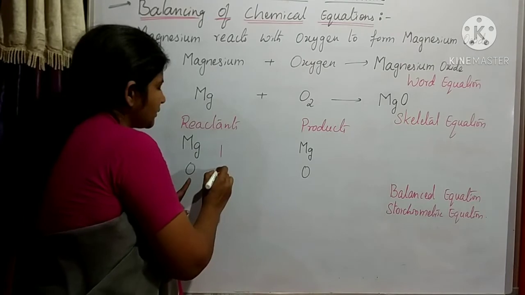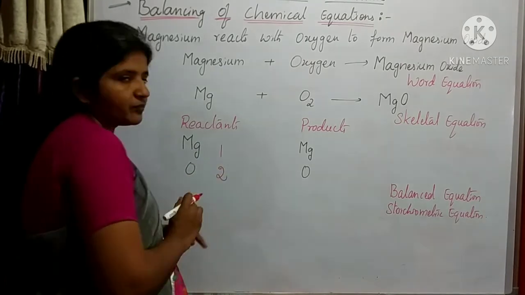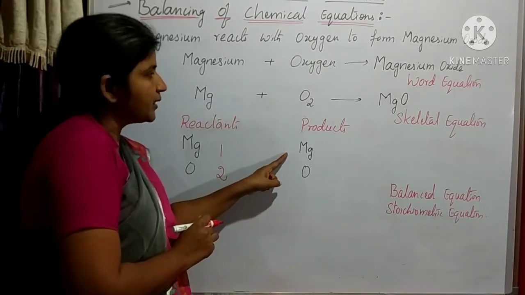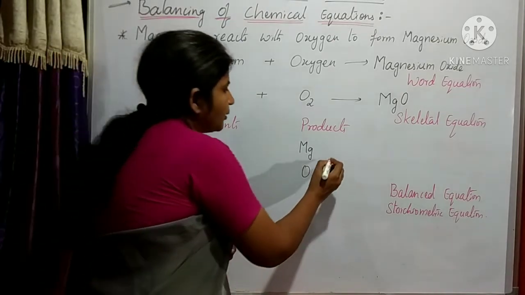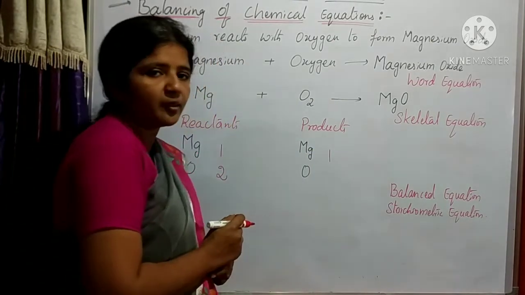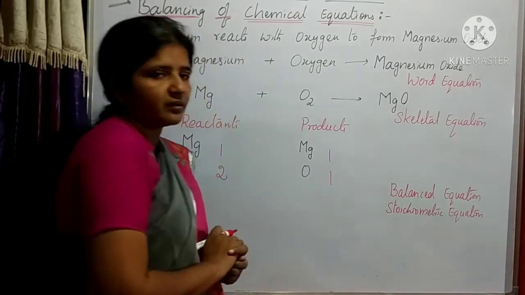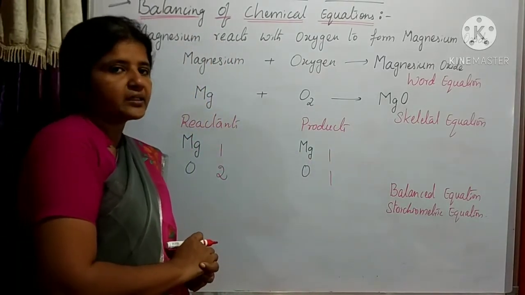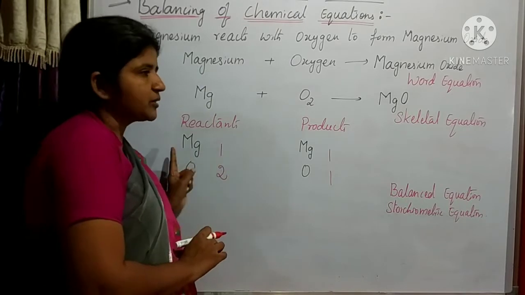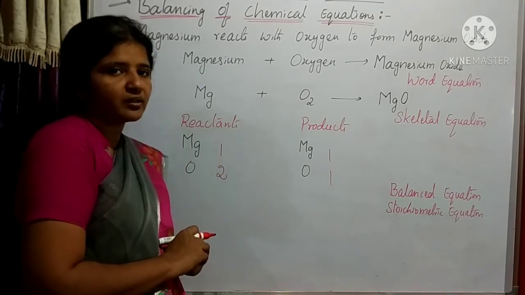How many oxygens? 2. In the product side, how many magnesiums? 1. How many oxygens? 1. Understood?